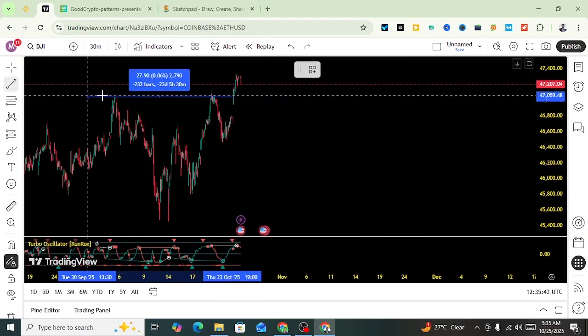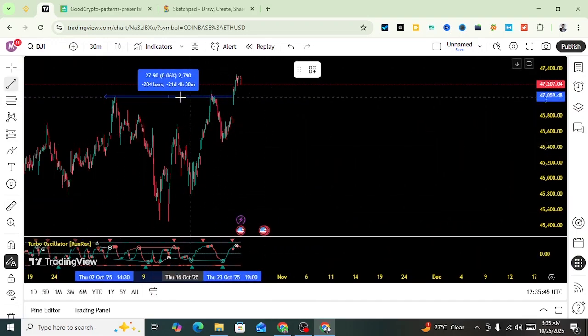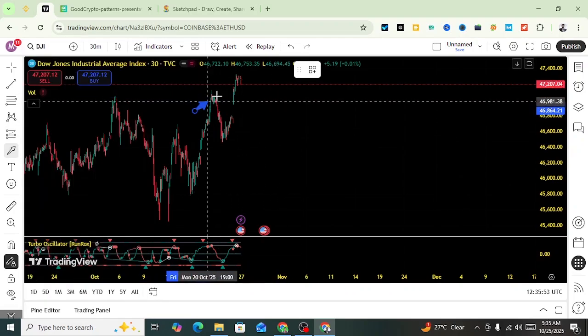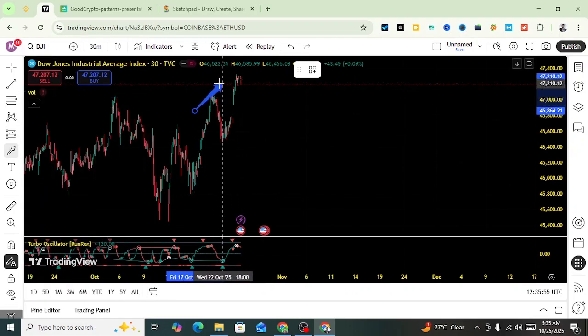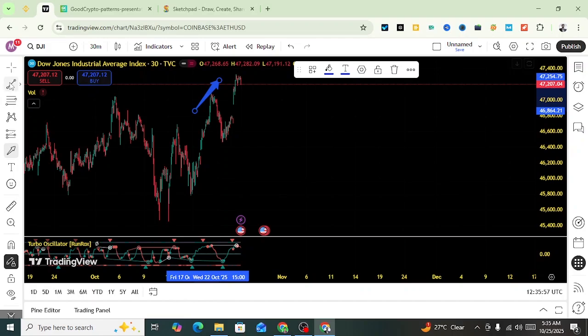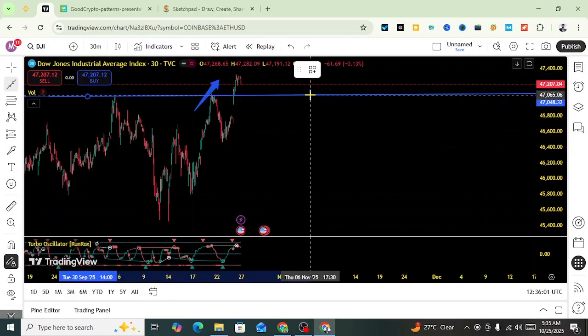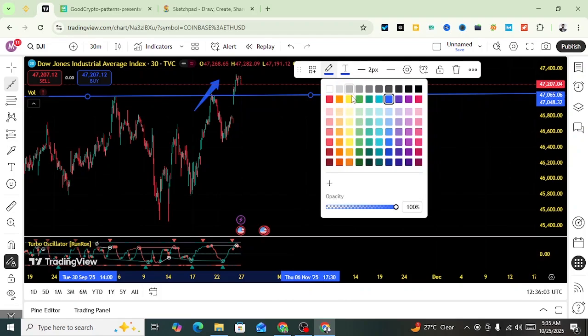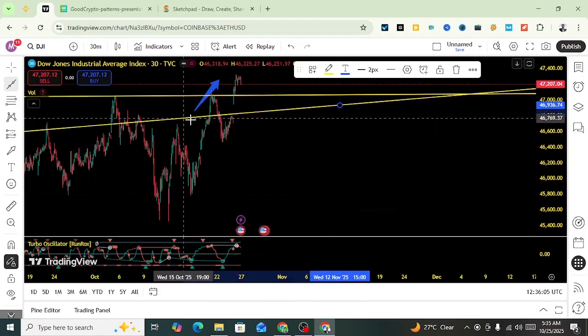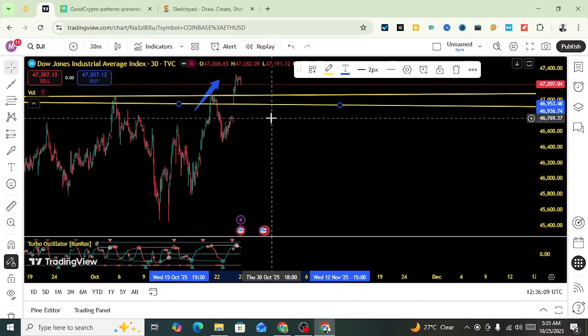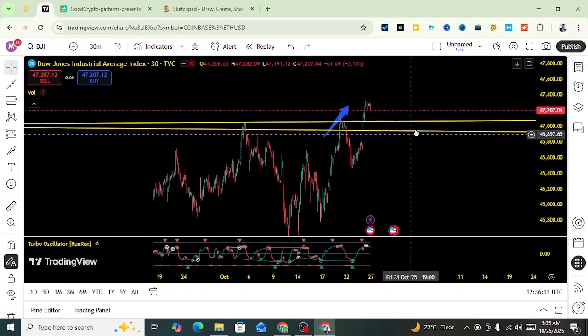This is the resistance area. You can see the market is now going up. Why? Because the resistance line was crossed. When the resistance line is crossed, that means the market goes up.